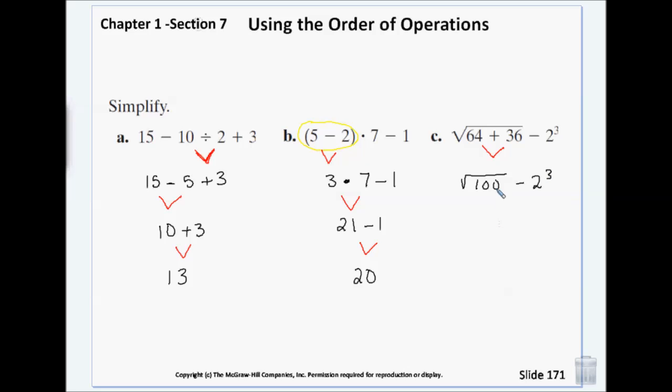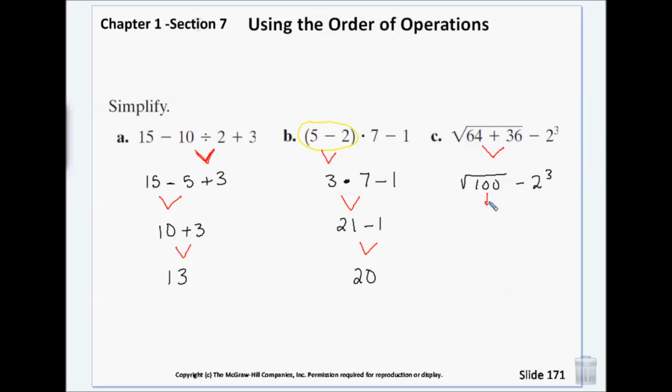Okay. And now I can either do this in 2 steps or do it in 1. I can either take the square root and take 2 to the 3rd at the same time, or I can do them separately, because they have the same weight, so I can do them at the same time. But I'm going to do them separately just for right now, because we're getting used to this.